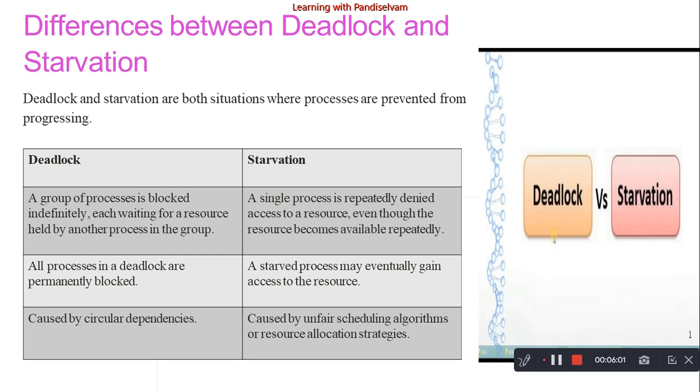Deadlock is caused by circular dependencies. Starvation is caused by unfair scheduling algorithms. Deadlock is infinite waiting; starvation may be finite waiting. Whenever the CPU is not receiving any higher priority process, the lower priority process will be executed. So starvation is finite waiting.